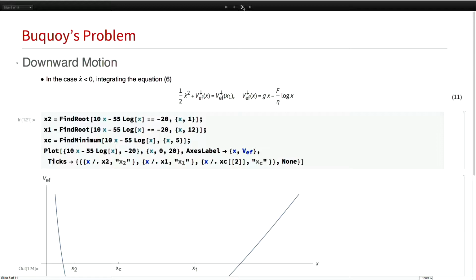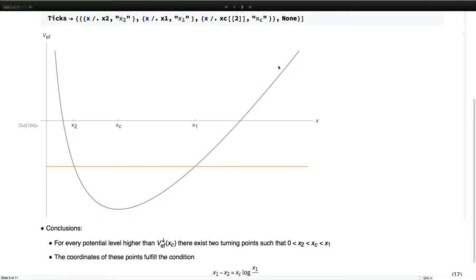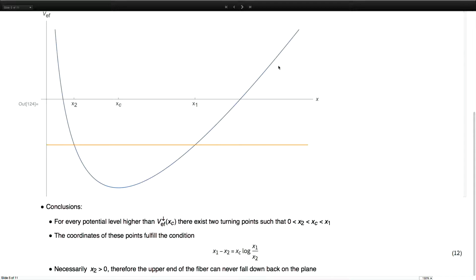To look for a solution for ẋ less than 0, we can integrate equation 6 to obtain the following equation 11. It follows these conclusions. For every potential level higher than the effective potential, there exist two turning points for which the following is valid.